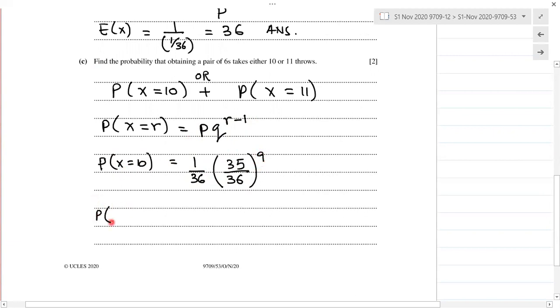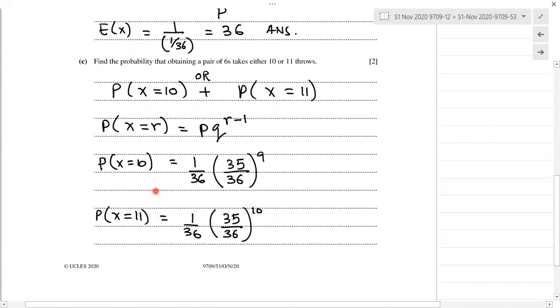Now we do the same for exactly 11 throws, so that's 1/36, that's p, times q, 35/36, to the power of 11 - 1, so that's to the power of 10 in this case.